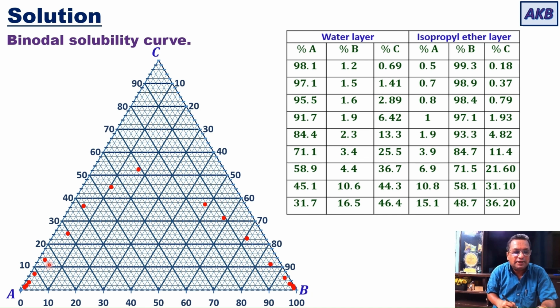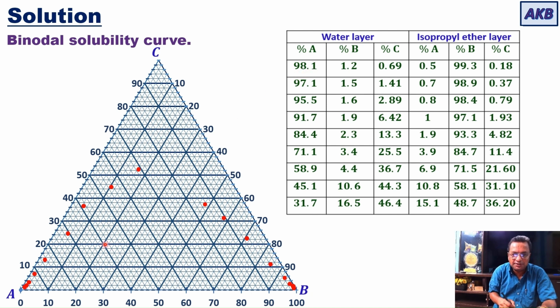Then the next point is 84.4, so it will be represented over here. Then you have 71.1. Let us go point by point.